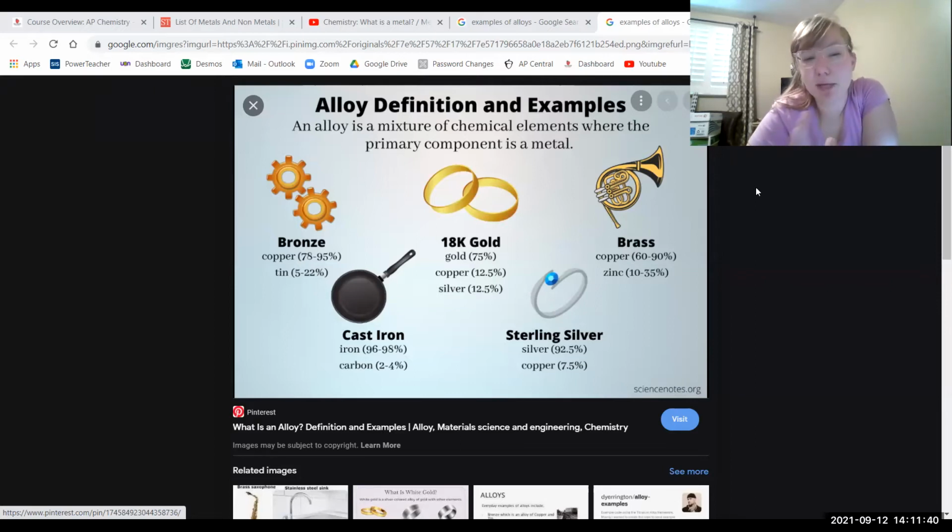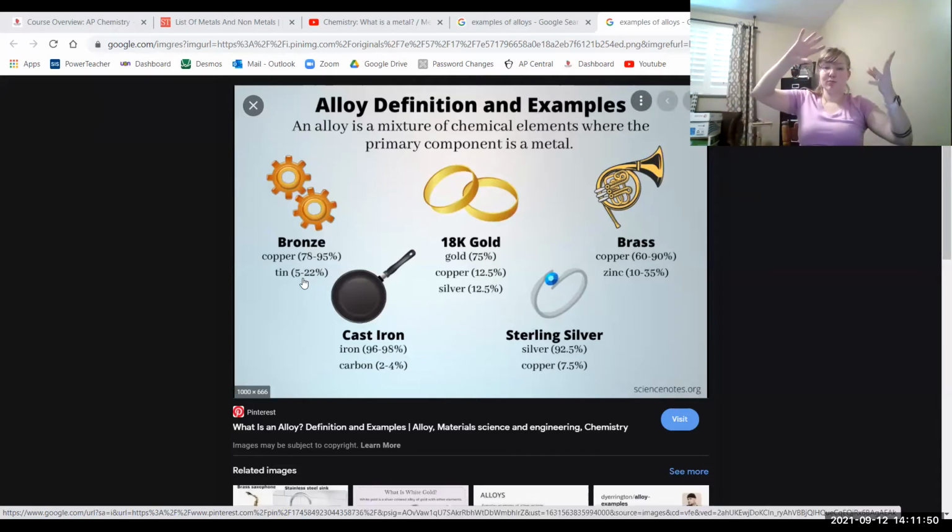So if you take anywhere from like 78% copper to 95% copper and 5% to 22% tin, take those two metals, melt them together, you've got bronze. Cast iron, sterling silver is the one that you've probably heard of. That's where it's like 93% silver, but it has a little bit of copper in it.